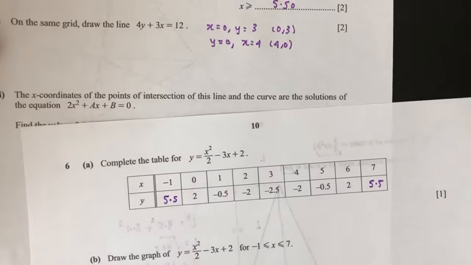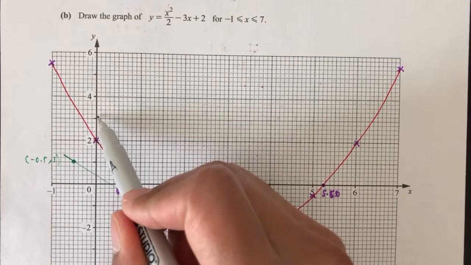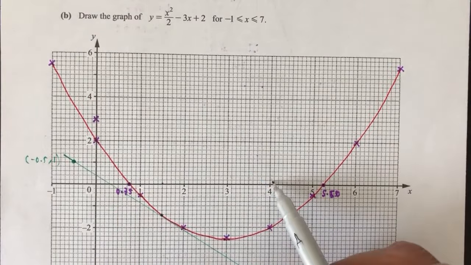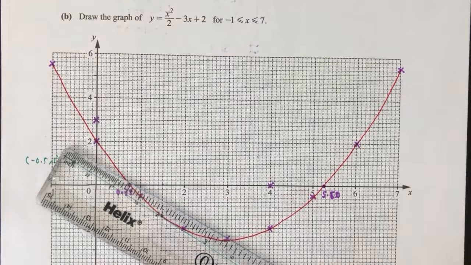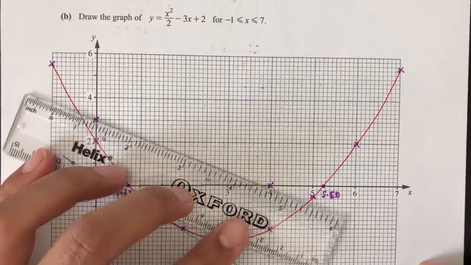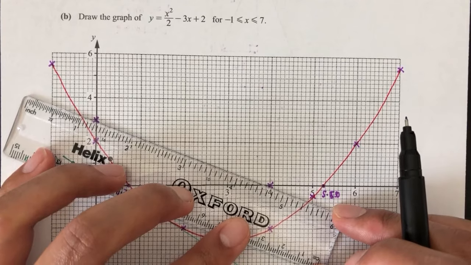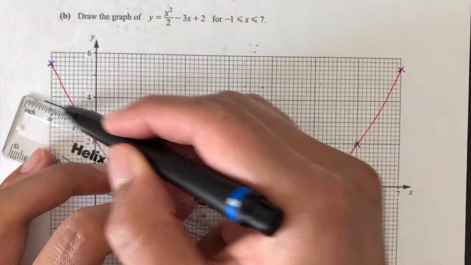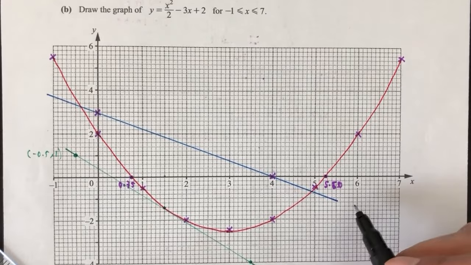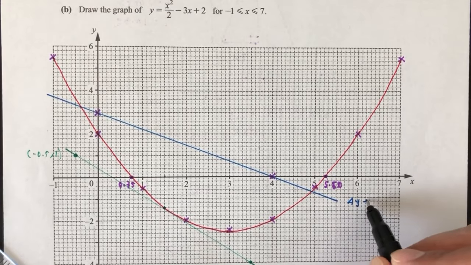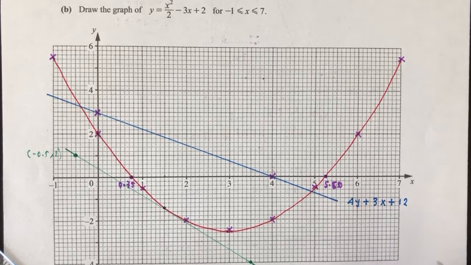First point is 0, 3 and 4, 0. So 0, 3 will be here and 4, 0 will be here. Let's join them, and see where we cut the curve. So that is the line 4y plus 3x equals 12.